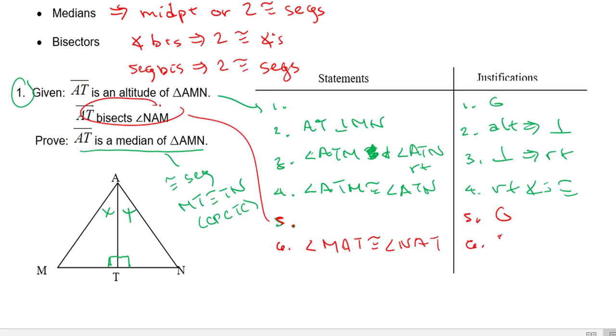That's going to be, if an angle bisector, it divides an angle into 2 congruent angles. And now let's change color again. Going to have a reflexive, hopefully you can see that, down the middle. So 7 is going to be AT is congruent to itself. And now I can say that the triangles are congruent.